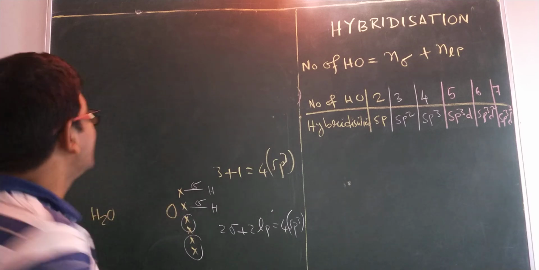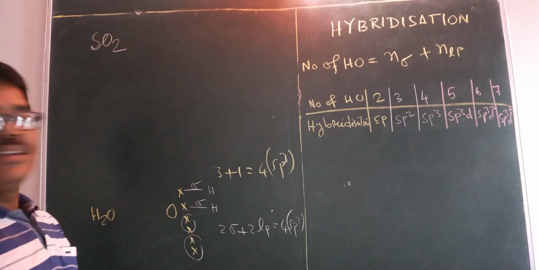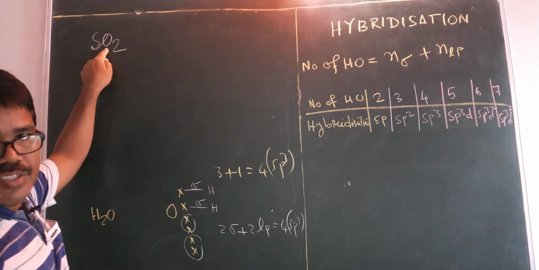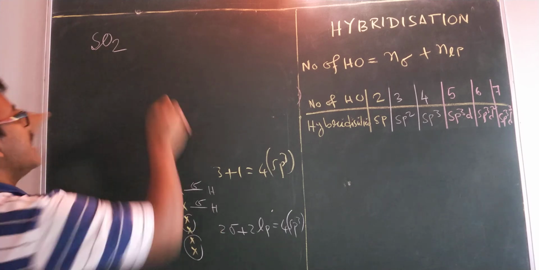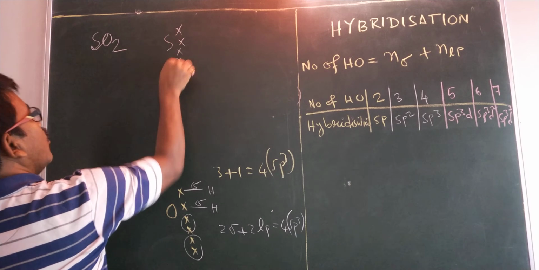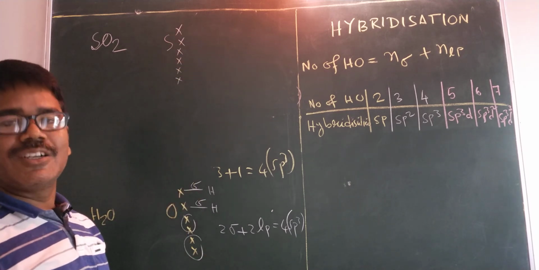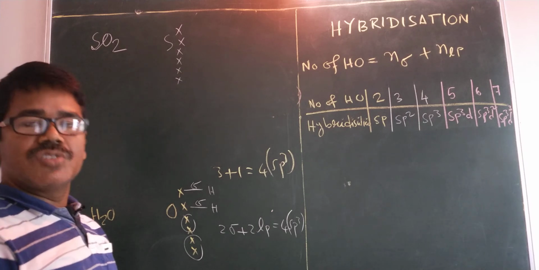Let us consider sulfur dioxide. Here the central atom is sulfur, the surrounding atom is oxygen. Sulfur has 6 valence electrons: 1, 2, 3, 4, 5, 6. And oxygens are the surrounding atoms. There are 2 oxygens. Oxygen is bivalent.